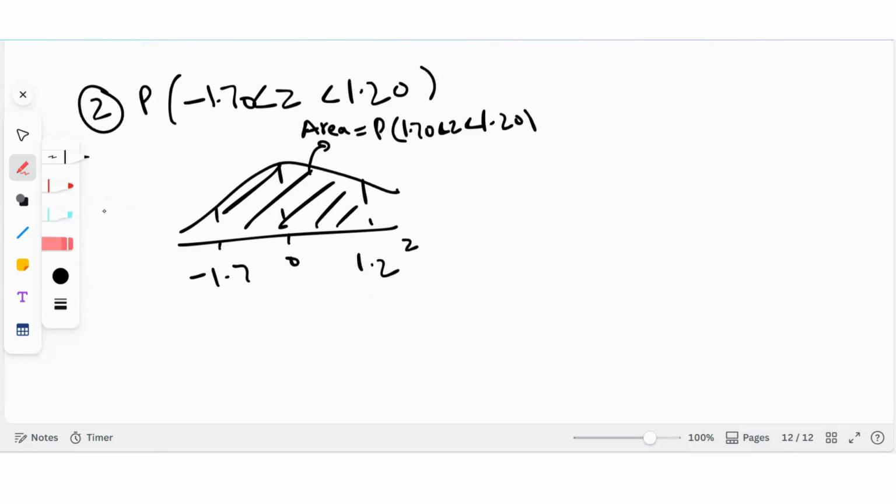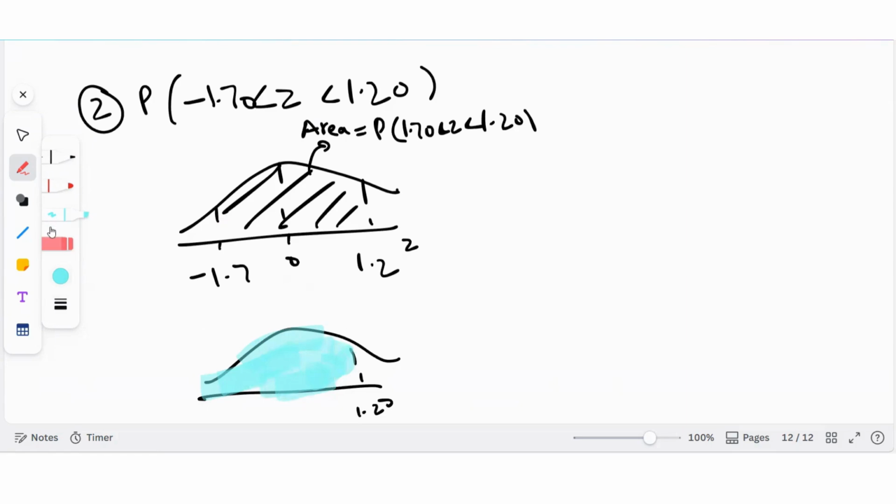And we know we can write this as the probability z is less than 1.2 minus the probability z is less than minus 1.7. Because again, if you look at it like this, this entire area is the probability z is less than 1.2.